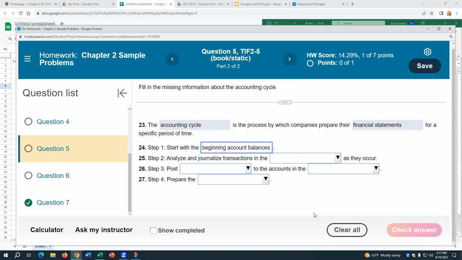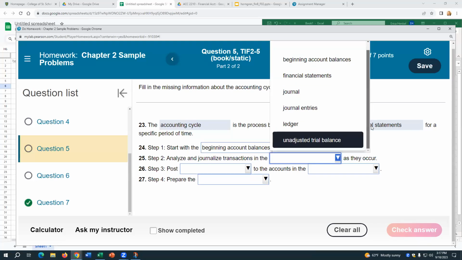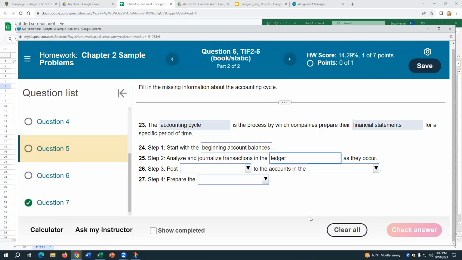We analyze and journalize, create journal entries for any transactions that happen during the time period as they occur, right? We're journalizing them in the ledger. Sorry, that's what they're looking for.